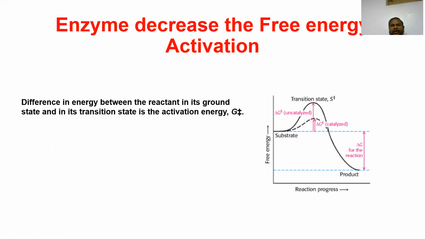So what do enzymes do? Basically, an enzyme decreases the free energy of activation. If you see the free energy versus reaction progress plot, in the uncatalyzed reaction the transition state barrier is very large.